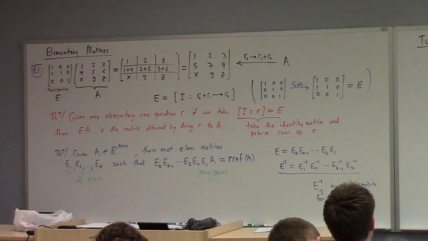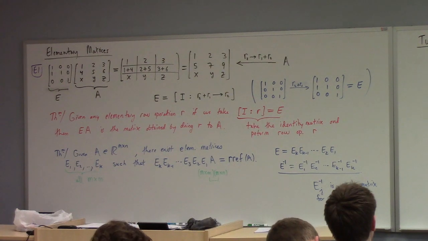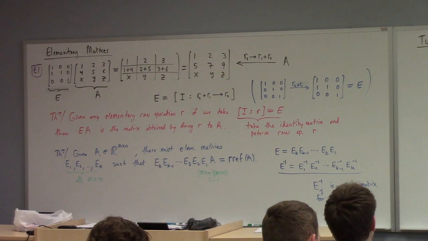In other words, you could write it like this. It's the sum j equals 1 to k of CJ VJ, such that CJ are real.